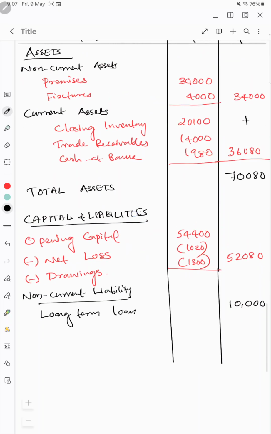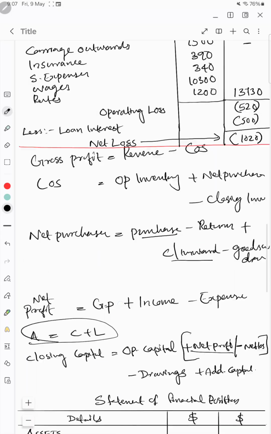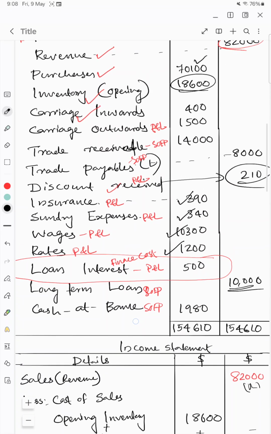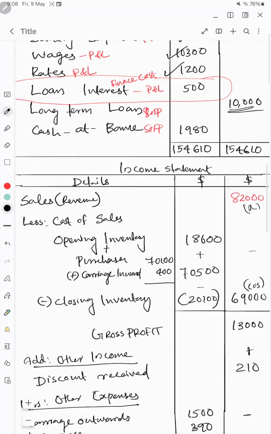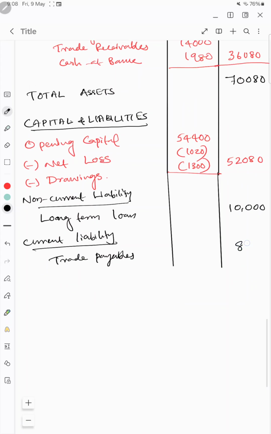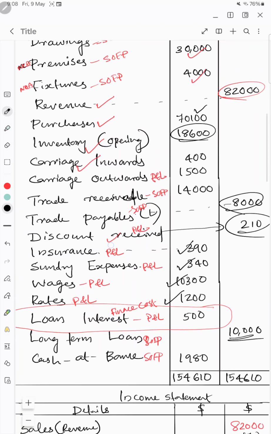Then we have current liabilities: creditors and trade payables. Trade payables 8,000, which you can take in the outer column because we have only one item.